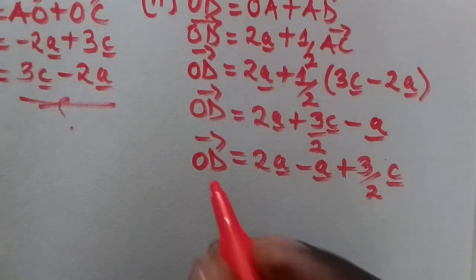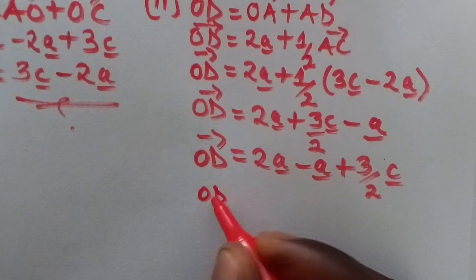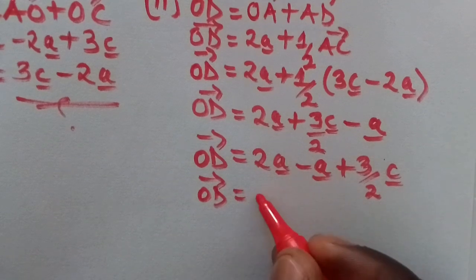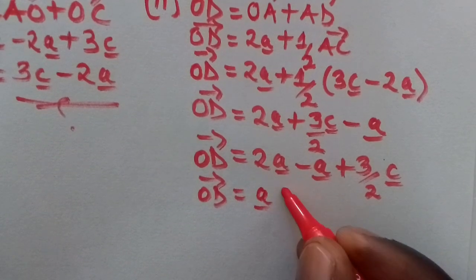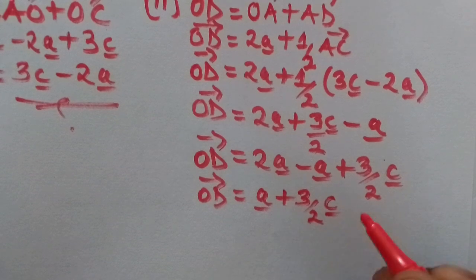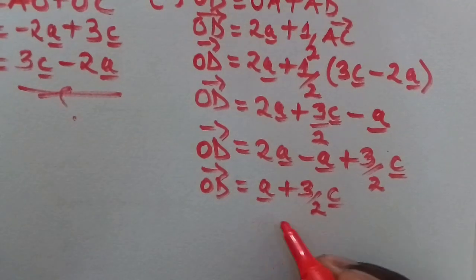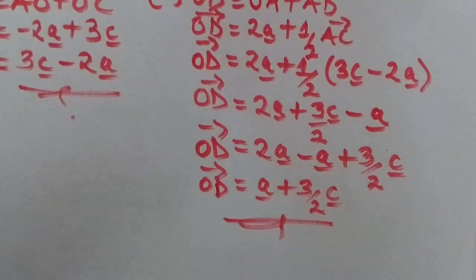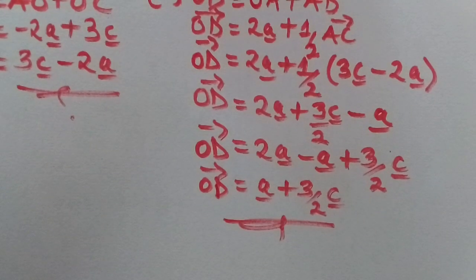So this gives OD vector equal to 2a vector minus a vector, which gives a vector, then plus 3 over 2 c vector. So this here is our OD vector, giving us a vector plus 3 over 2 c vector.